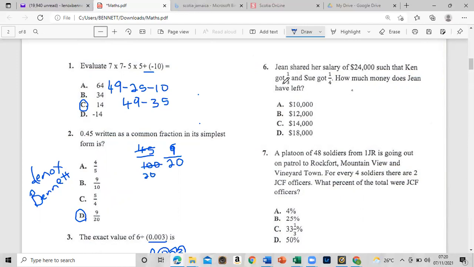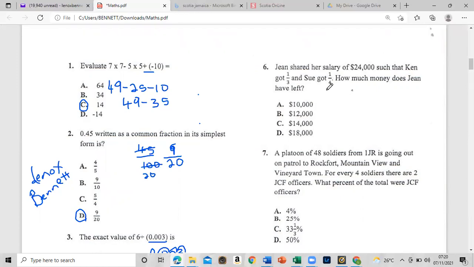Or we could find 1/3 of 24,000 and then find a quarter of 24,000 and add them, and then we subtract it from 24,000. So I don't know which way you guys want me to do it, so I'm going to choose a way. All right, so I'm going to find 1/3 of 24,000.